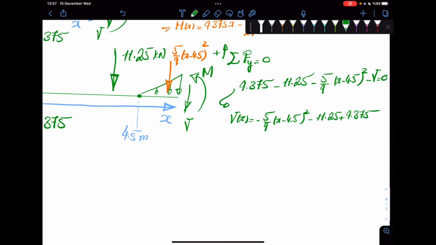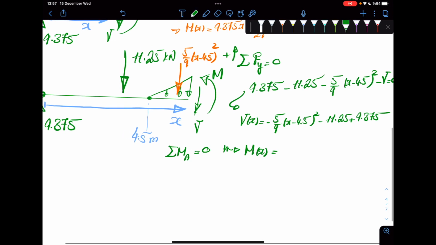And of course, you can calculate M similarly as before too. So you can also do M of x. And in order to do that, you would also write your equilibrium of moments, again, let's say with respect to point A to be 0.